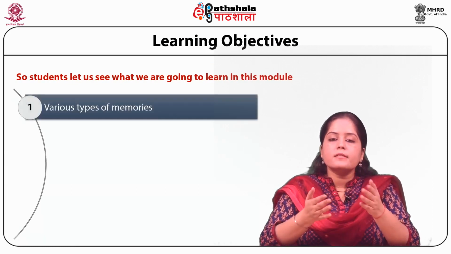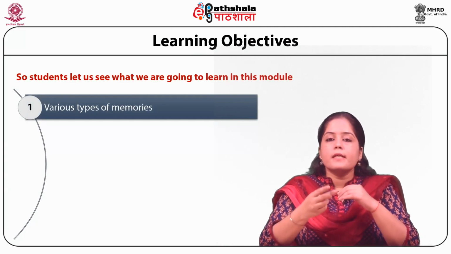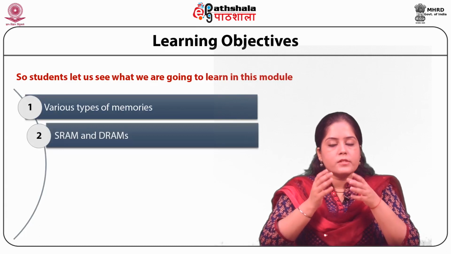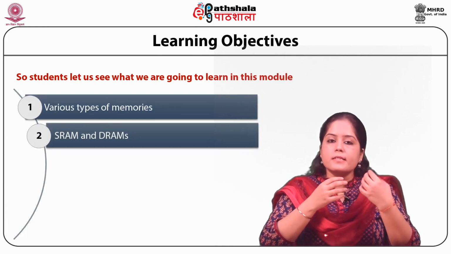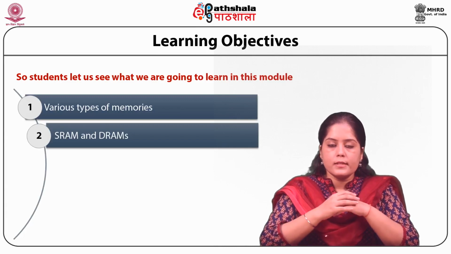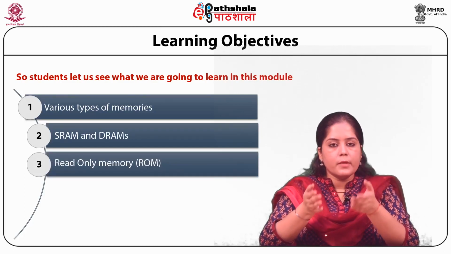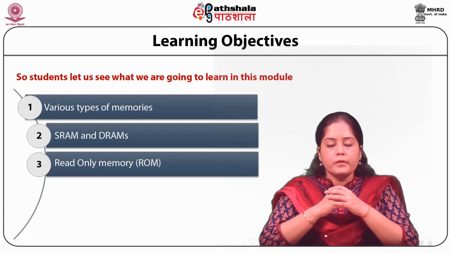First, various types of memories will be discussed. Second, a detailed description about the static RAM and the dynamic RAMs will be discussed in this module. Third, we will discuss about the read-only memory ROM.